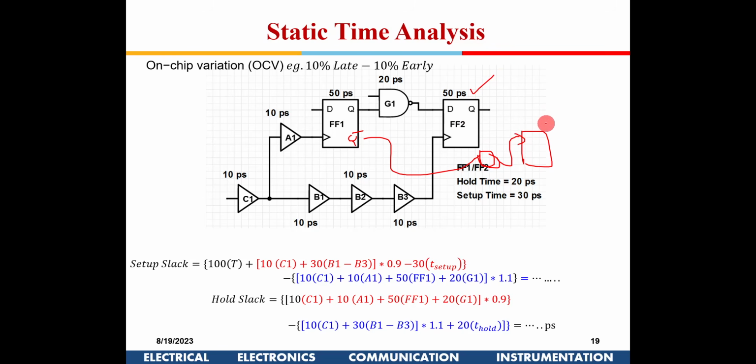So you will do the STA analysis with respect to each capture flip flop in the circuit. There could be multiple launch flip-flops and multiple capture flip-flops. So this constraint of hold time and setup time is specific to each flip-flop, so for each of these flip-flops, these conditions need to be met.